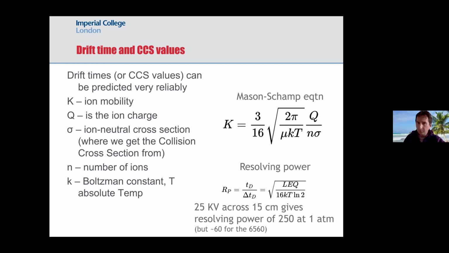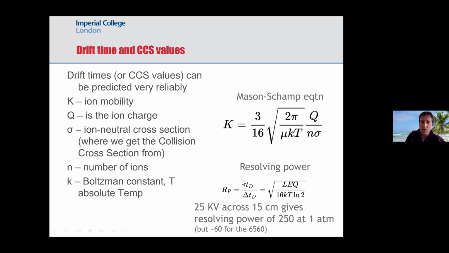We can also define resolving power and relate this back to the properties of the drift tube length, the charge on the ion, to get an idea about what we can potentially separate out in terms of these ions.